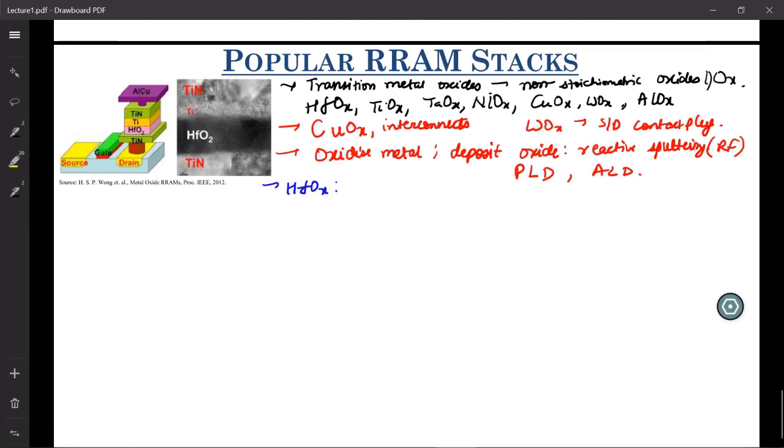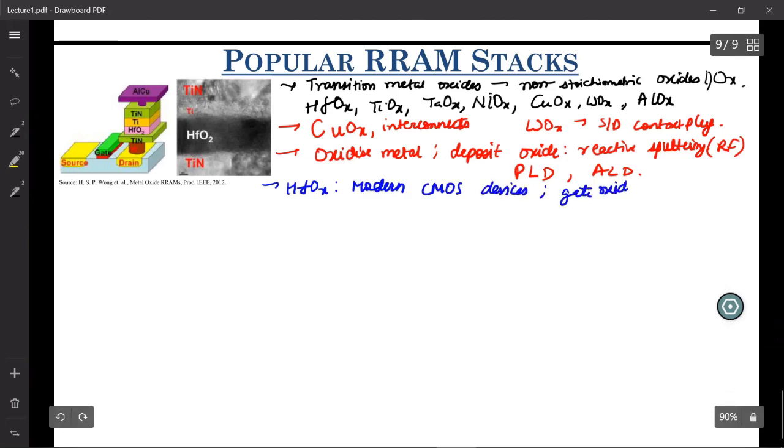Why this HfOx is more common is because, in your modern CMOS devices, your gate oxide is no longer SiO2, but it has been replaced by a stack of SiO2 and HfO2.